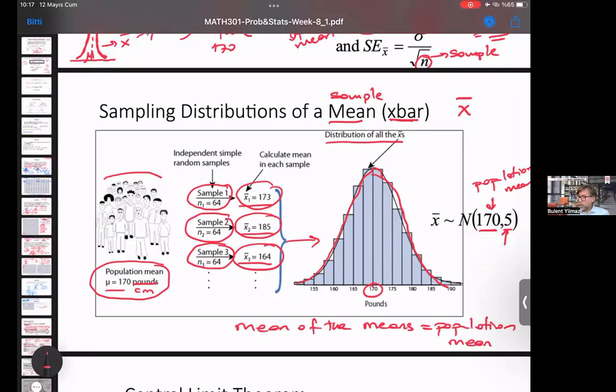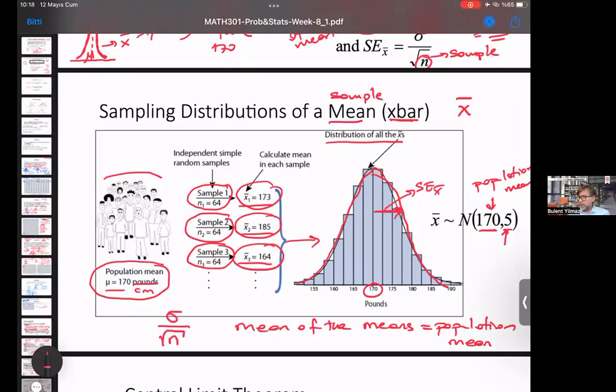And then also my standard error of the mean, that means this is SEX. So this is going to be kind of the variance of the means. Okay, the variance of the means is going to be the standard deviation of the population divided by the square root of your sample size.